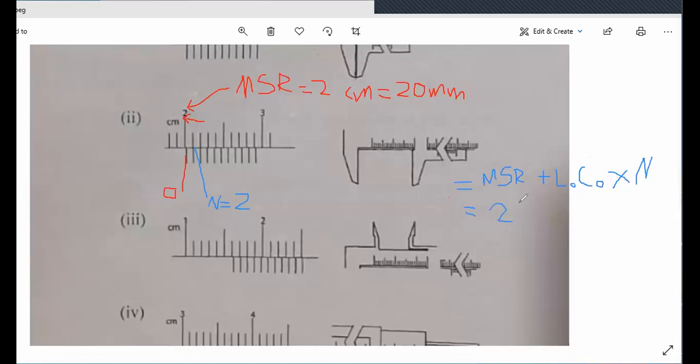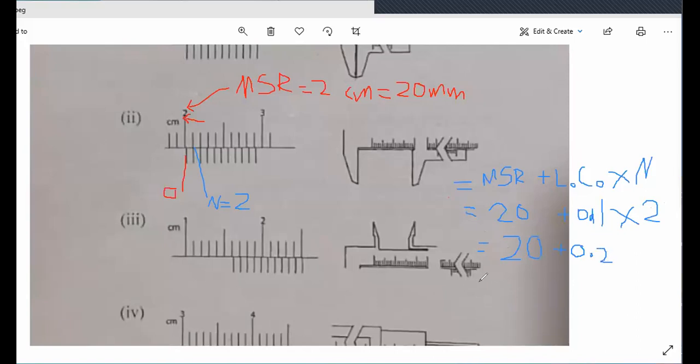Main scale reading is 20 millimeter plus vernier scale reading. Least count is 0.1 millimeter multiplied by coincide vernier number, which is 2. So this is 20 plus 0.1 into 2, which is 0.2.